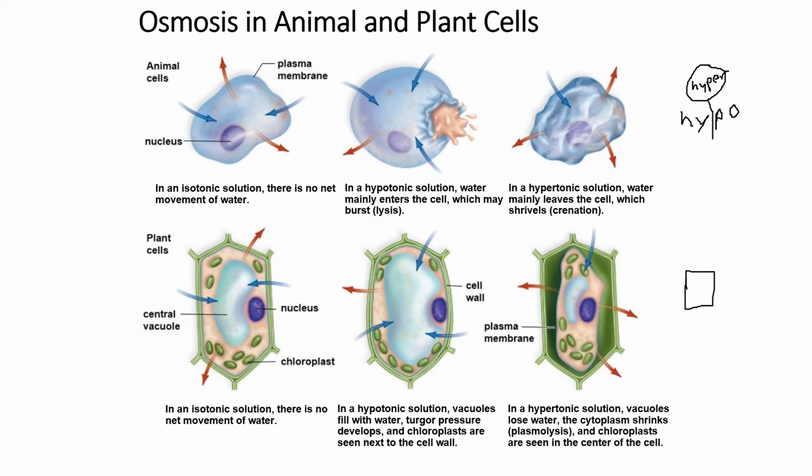Water always goes towards the hypertonic compartment, so water will enter the cell. That will make it swell up, and if the difference is big enough, it could burst. And another term for burst is lysis. Lys means to break or to burst. Some examples of hypotonic solutions is like distilled water.